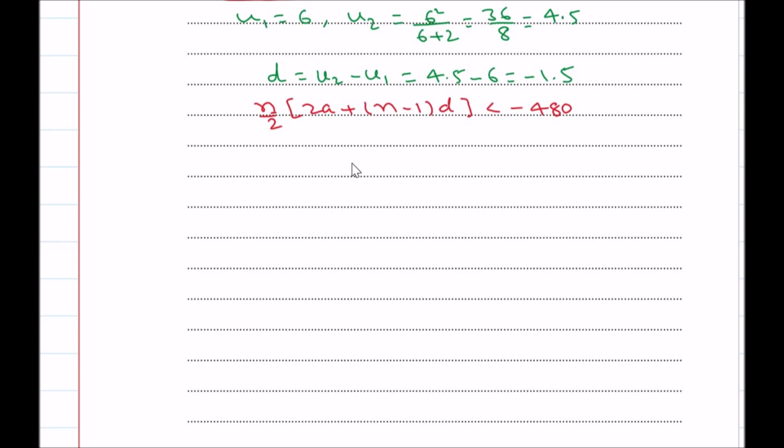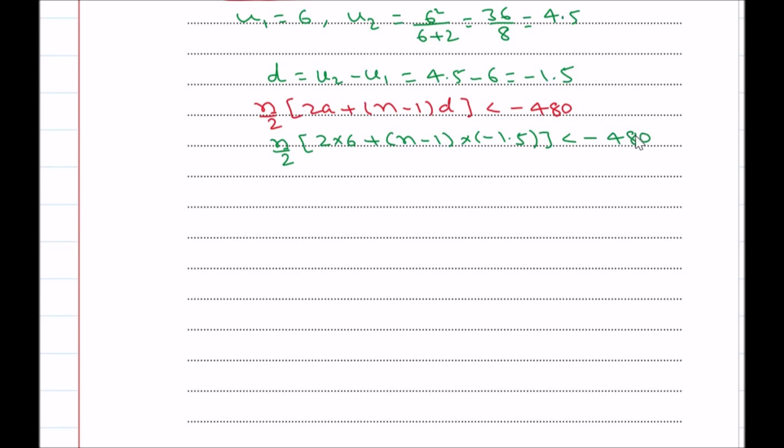Now from here we'll substitute the values and we'll solve for n. So n is not known, so n by 2, 2a, so 2 into 6 because a is 6, plus n minus 1 into d, which is minus 1.5, that is less than minus 480.